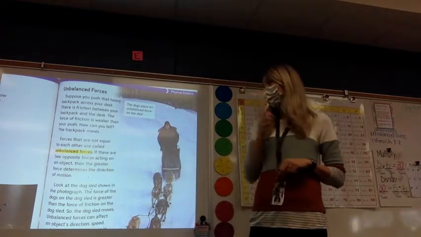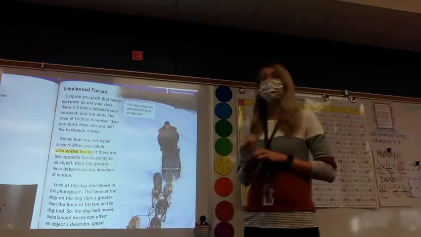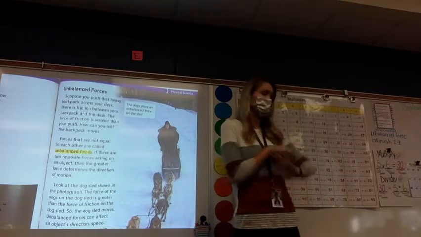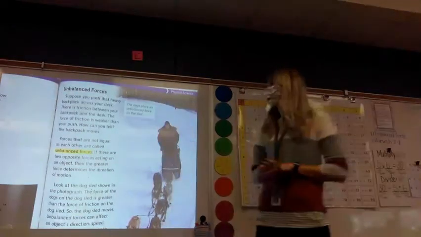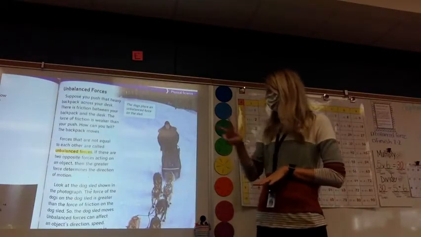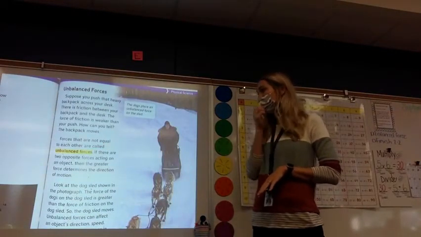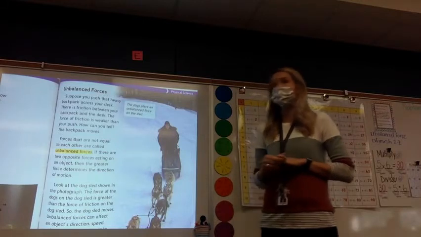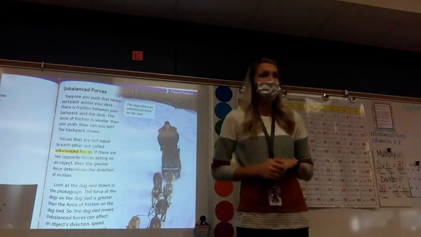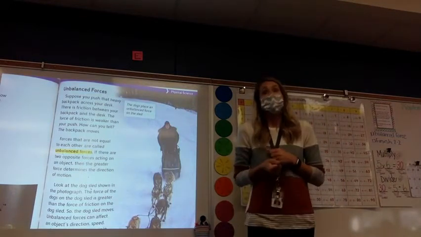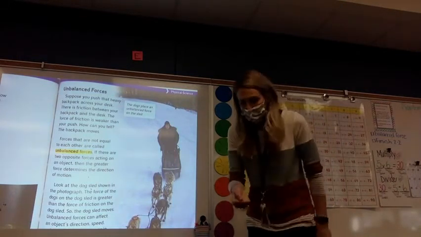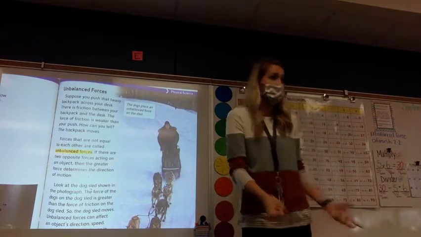Forces that are not equal to each other are called unbalanced forces. So if they're not equal, they are unbalanced forces. If there are two opposite forces acting on an object, then the greater force determines the direction of the motion. If my dog and I are playing tug of war and no one's winning, we're just sitting still with it, that's balanced.